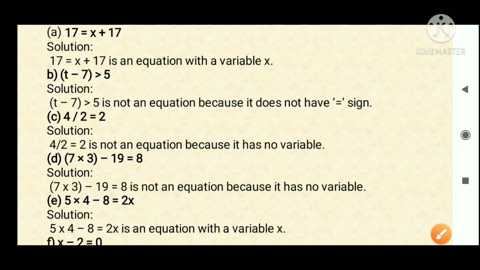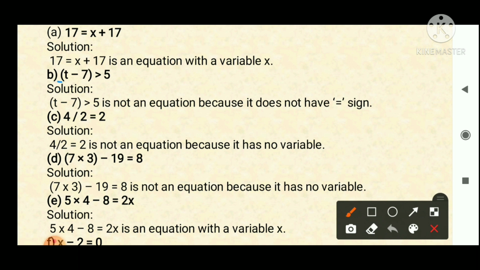Next equation, in bracket t minus 7 greater than 5. Now if you observe this, you will come to know that a greater than sign is used, which means in this expression there is no equal sign. So this is not an equation. We say that a given expression is an equation when an equal sign is used in it.